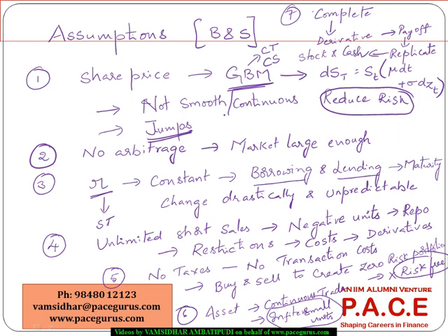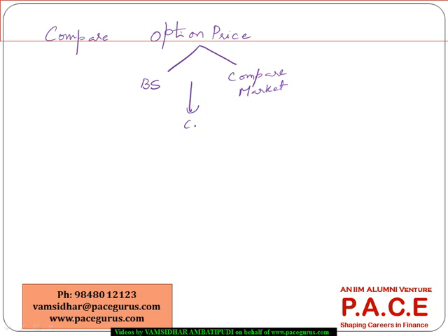So even though there are so many assumptions which violate the real-world scenario, when I compare the option price, whether it is a call option or a put option, generated by the Black-Scholes formula with the real-world market price, to a large extent there is a decent correlation between the two.